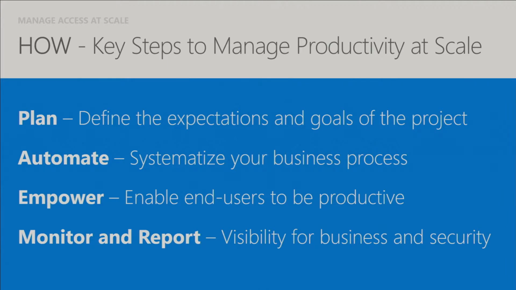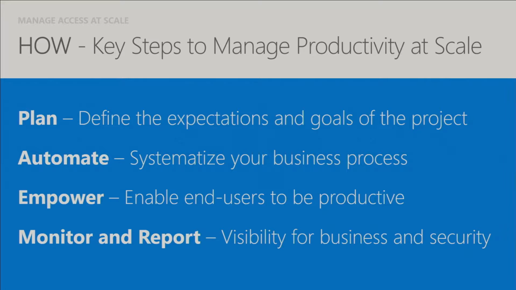The second one is automate. We'll show you the automation from an identity access management perspective, of users being populated into the system and then depopulated as they leave the company. So automation is the initial key. The next one is empower. You cannot manage at scale unless you can push out the controls to the people who understand what's going on: the business owners, the end users themselves.